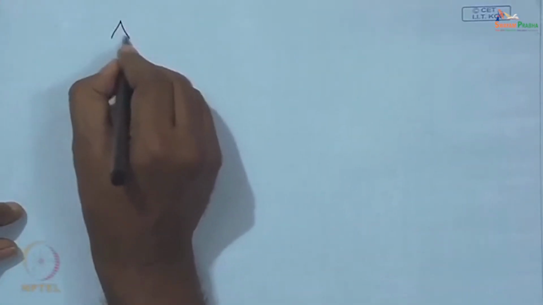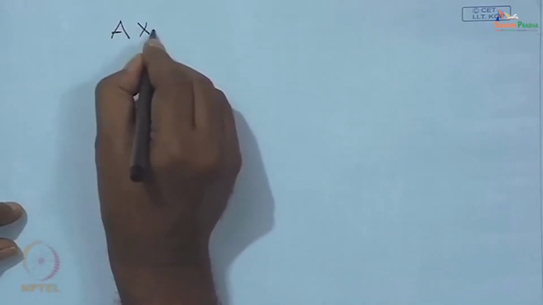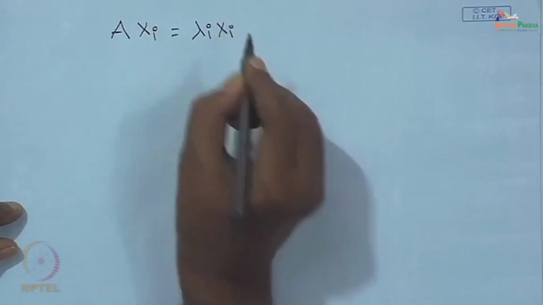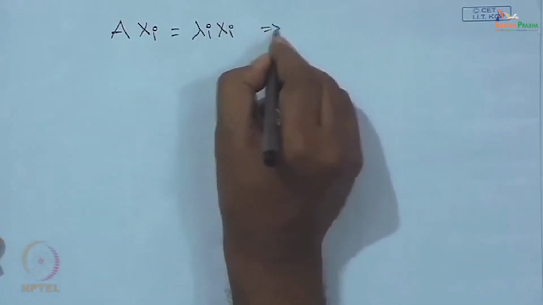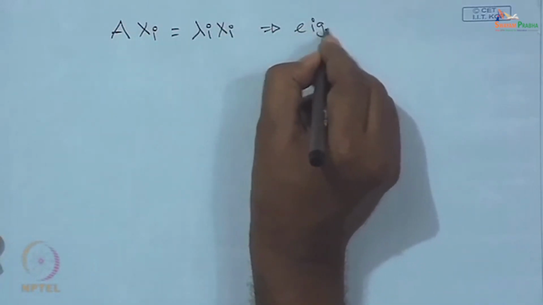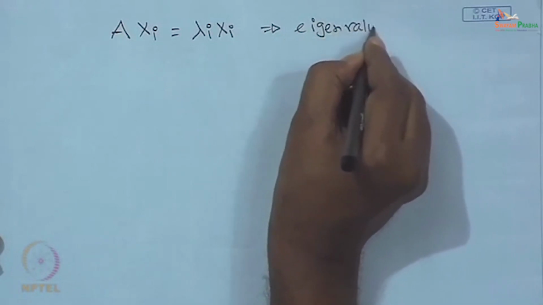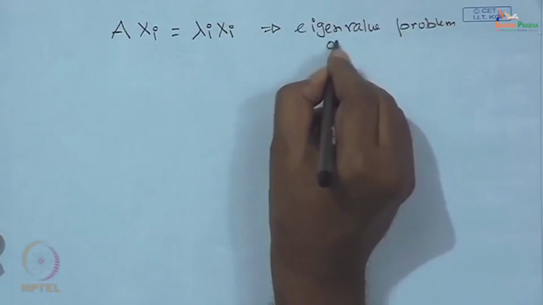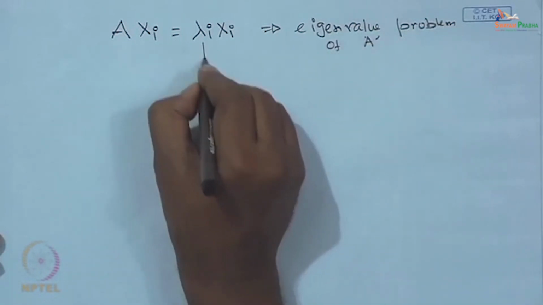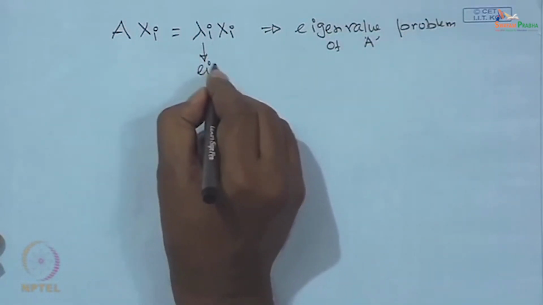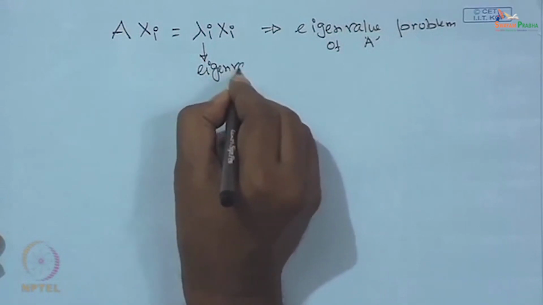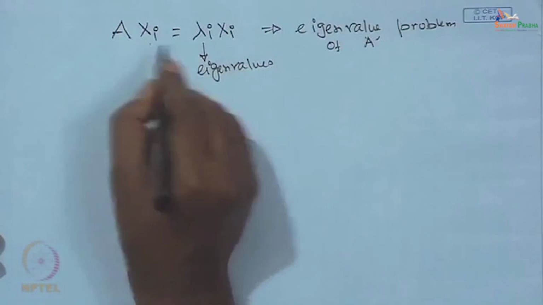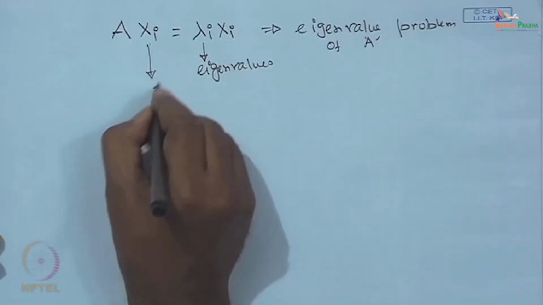So, A x i will always satisfy the corresponding eigenvalue problem. This is the eigenvalue problem of matrix A, where lambda i are the eigenvalues and x i's are eigenvectors.